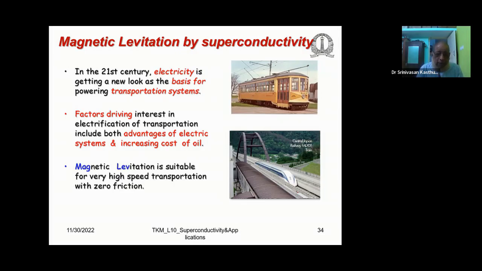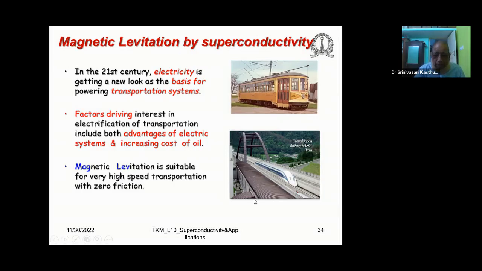Okay, and in this area, magnetic levitation is one of the very suitable arrangements of transport, because you can have high-speed transportation with almost zero friction. So you can see here the normal conventional electric transportation, but the system runs on rails, so there is friction.